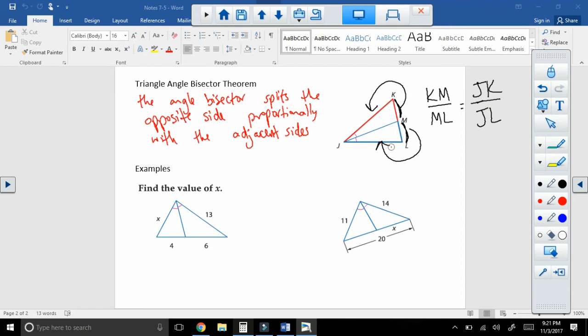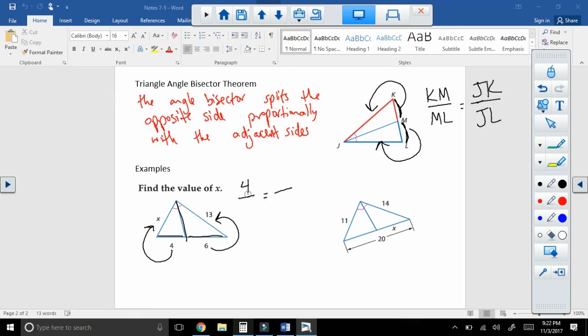and ML will correspond with JL because that is its corresponding side. So when I'm looking here, here's the angle bisector. These are the 2 parts that it's splitting it into. 4 is going to be in a proportion with x, and 6 is going to be with a ratio of 13. So here's the way I would set this up.